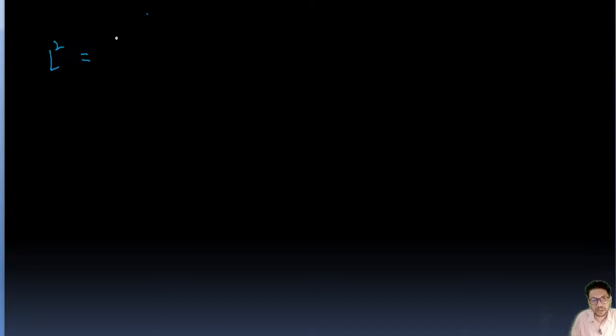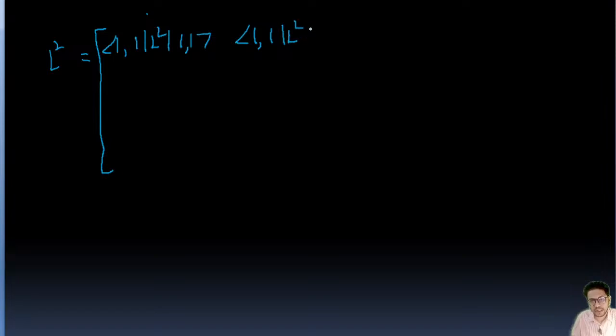So this is going to be <1 1| L square |1 1>, and this is the matrix representation.